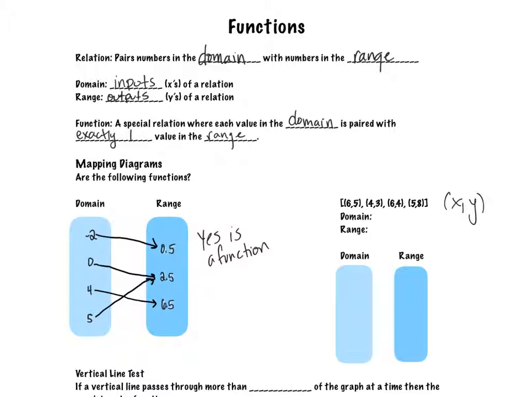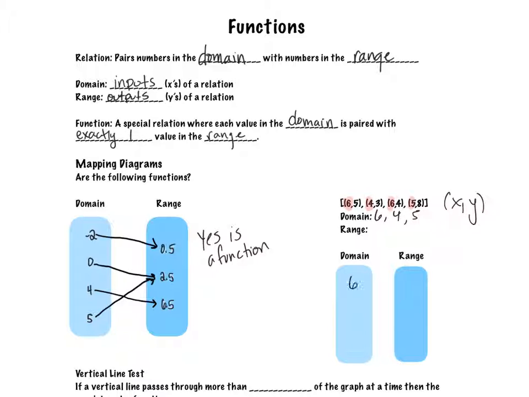If I want to list out my domain, I'm listing all of the x values: 6, 4. Because I have 6 repeated again, I don't need to list that one a second time. I'm just going to list that once. And 5. There's my domain.